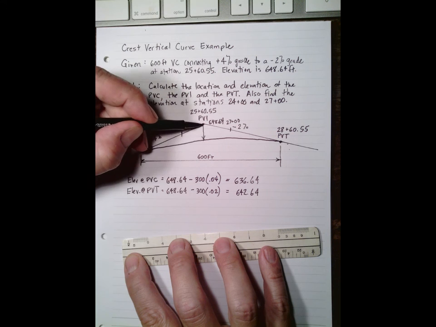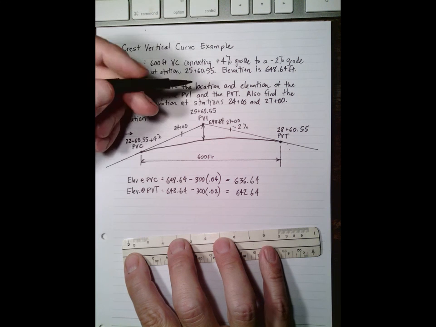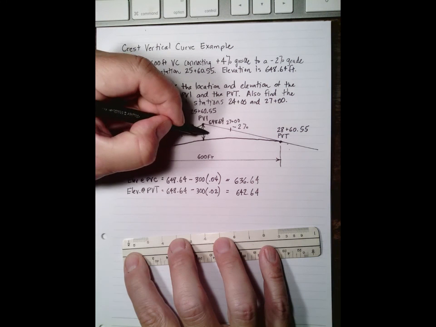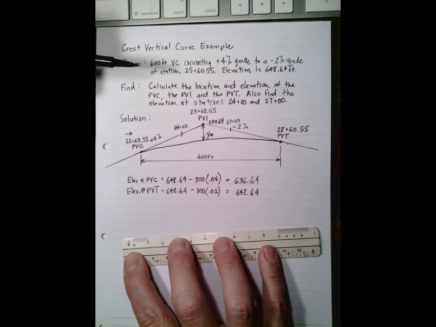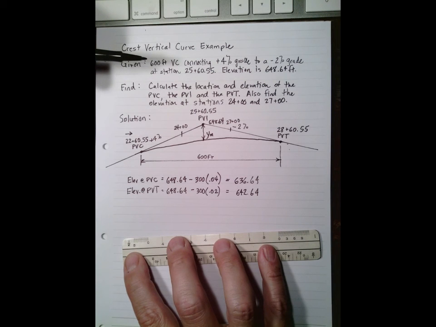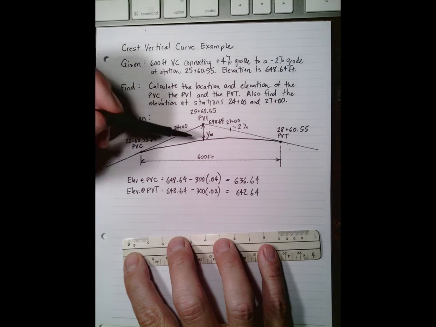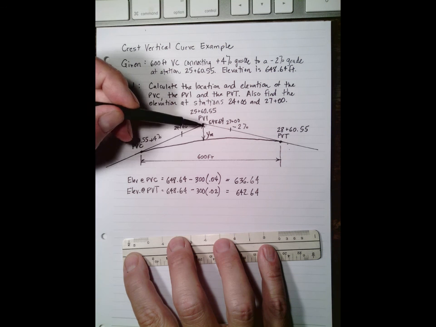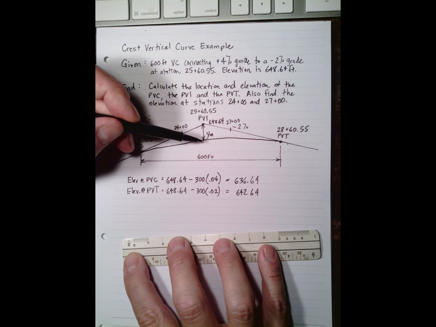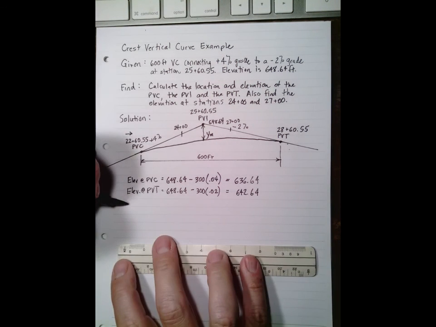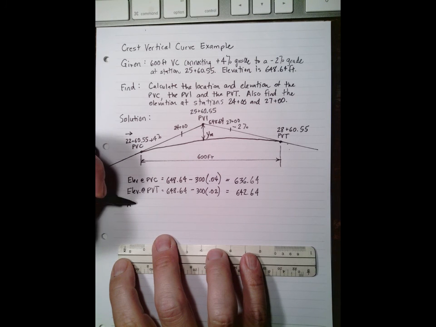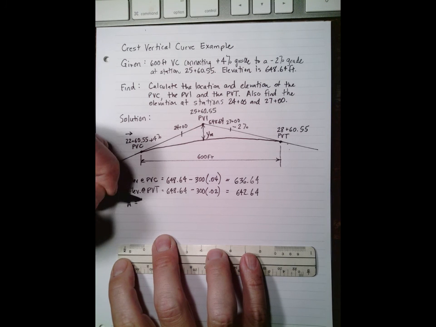So now what we want is to calculate the elevation on the curve at the PVI. Okay, so if you recall, this distance here is the maximum because the curve is symmetrical here. The maximum vertical distance between the curve and the tangents in this case is called y sub m. So in order to calculate that, we first need to calculate A, which is the absolute value of the difference in grade.